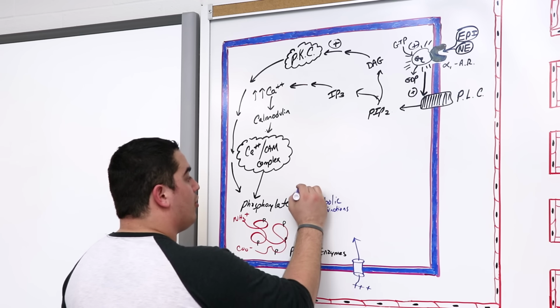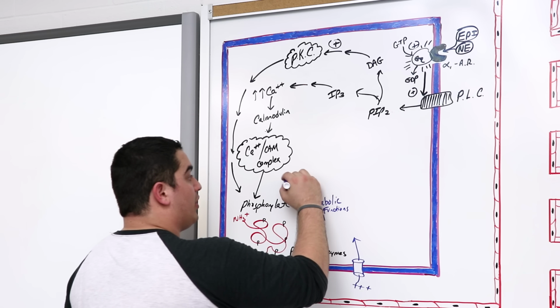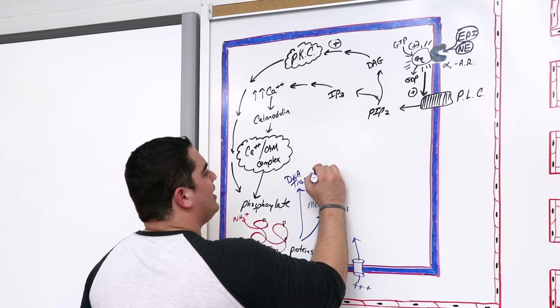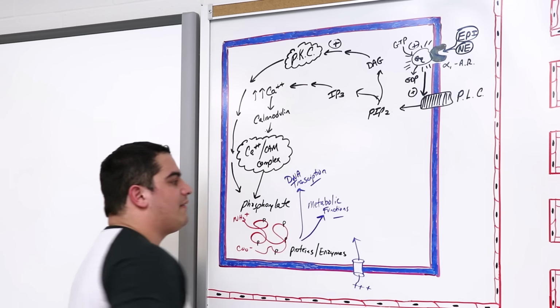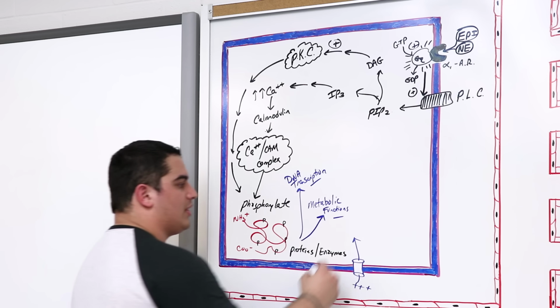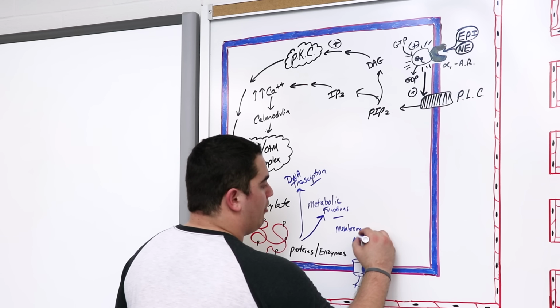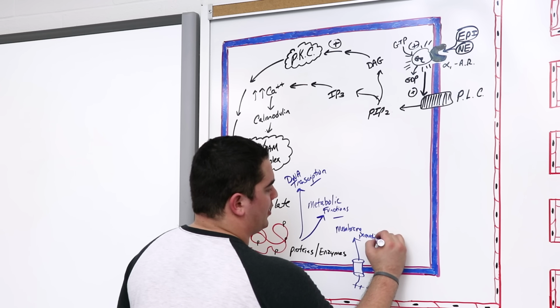Or maybe it could actually go to the nucleus and trigger DNA transcription. So there's many different functions of these different types of proteins or enzymes. So it can change the membrane permeability.